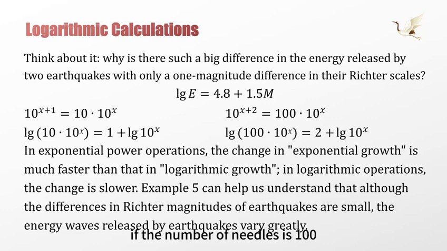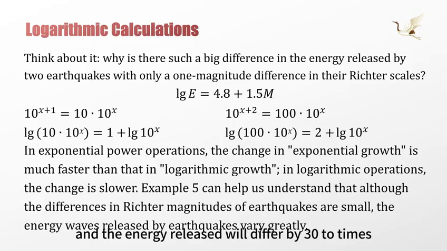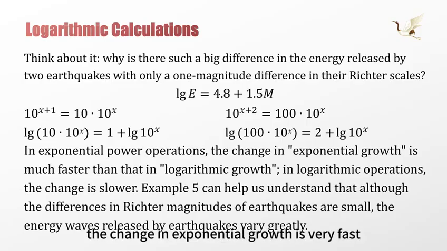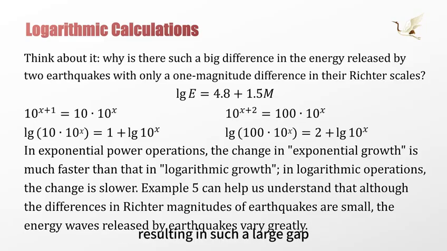If the number is 100 times the original, the logarithmic value increases by 2. Therefore, after logarithmic operation, the difference in Richter scale is only 1 level, yet the energy released will differ by 32 times. That is to say, exponential growth changes very fast, while logarithmic growth changes relatively slowly, resulting in such a large gap.